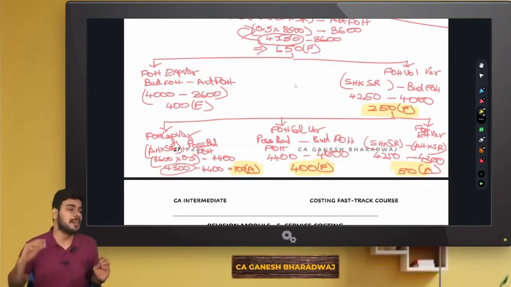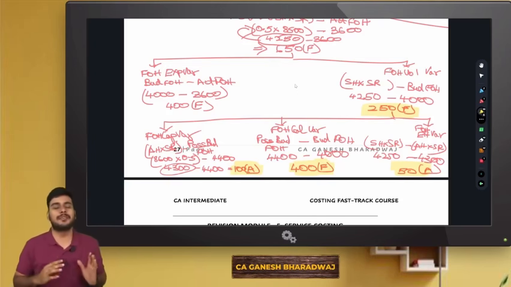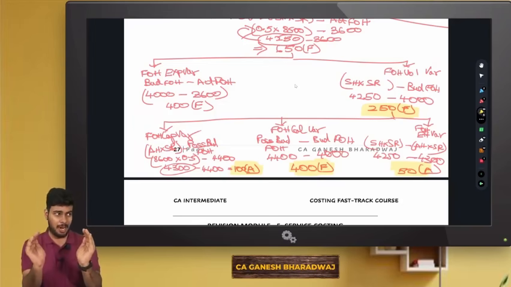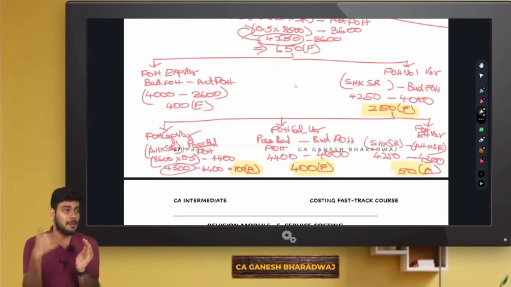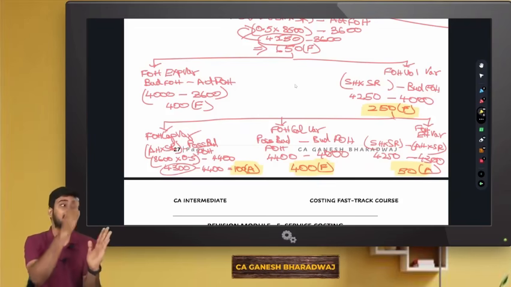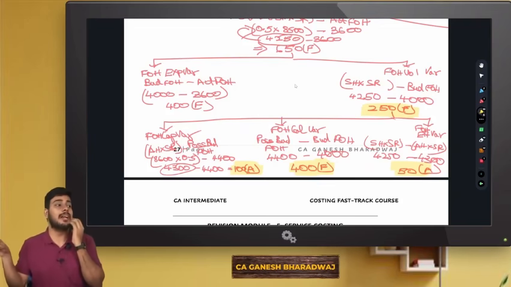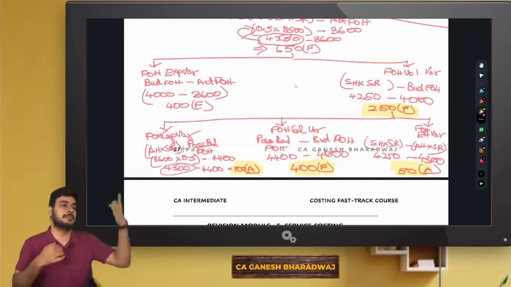Material usage variance, formula. Standard quantity minus actual quantity into standard rate. Yes, correct. Who is responsible? Production manager. Within the bracket, standard quantity minus actual quantity, and into standard rate on the outside, because I'm not dependent on the other guy.